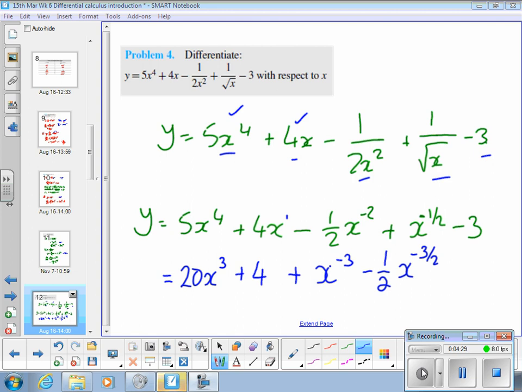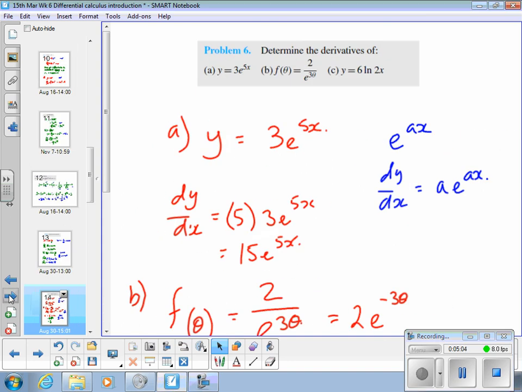So 5x to the 4 becomes 20x to the 3. 4x to the 1 becomes a constant, which is 4. Half of x to the minus 2, that's minus 2 times a half, which makes it a plus single x to the minus 3, and so on. So where you've got more than one term, added together or subtracted, just differentiate each one separately and sum the results.